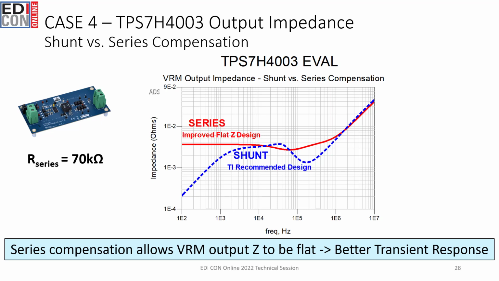So on to test case 4, again with the rad-tolerant VRM from TI. Here again, we're showing that we can design the VRM's output impedance to be completely flat using the series compensation to allow a better transient response by removing the sensitivity to the transconductance tolerance.